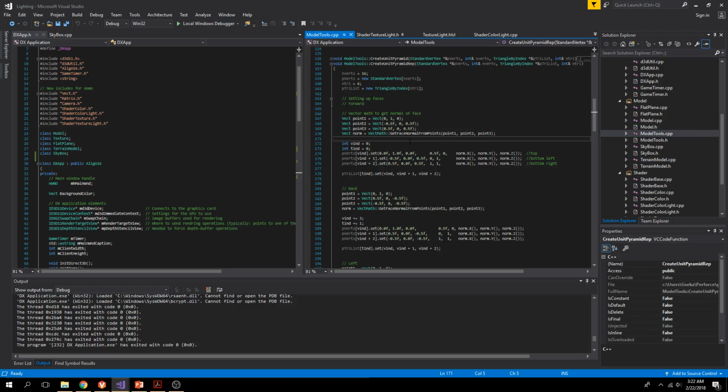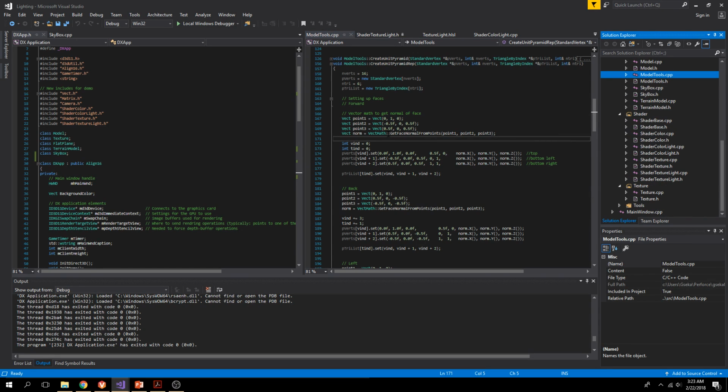What I'm doing is I'm grabbing the vectors for the face, and then I have a small static class that's calculating the normal for the given points. All that's doing is defining two vectors off of these points and using those to find the orthogonal vector using the cross product, and then normalizing it.